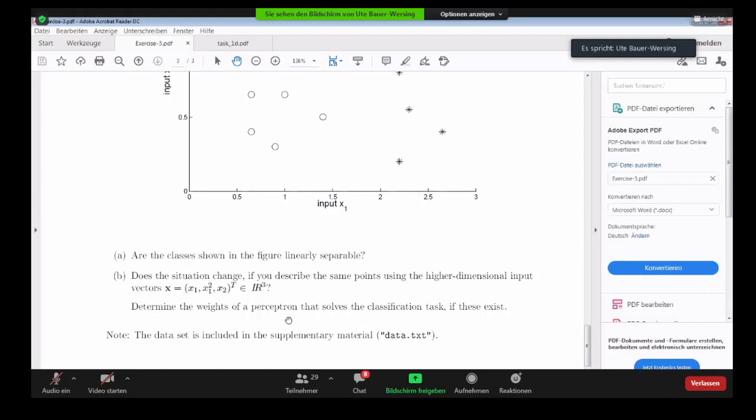So the question is, determine the weights of a perceptron that solve the classification task if the weights exist. Do they exist? I mean, probably yes, otherwise it wouldn't make sense to ask this question.